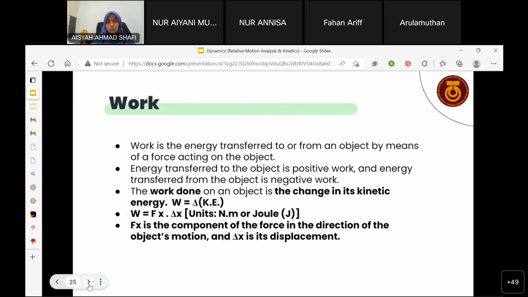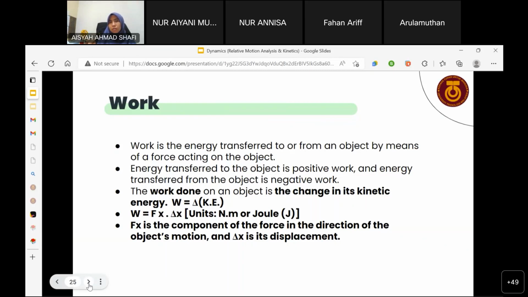Okay, so work is the energy transferred to or from an object. Because for the example just now, we have the hand and we have the load, and at first the energy is inside the hand, and then it is transferred to the load and the load moves. So the energy is transferred from the hand to the load.